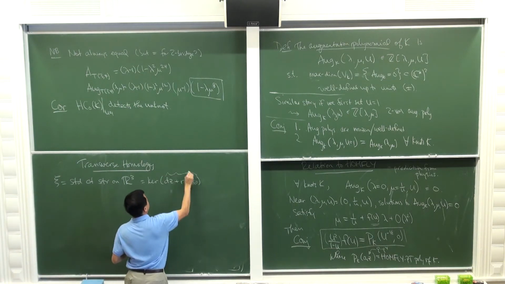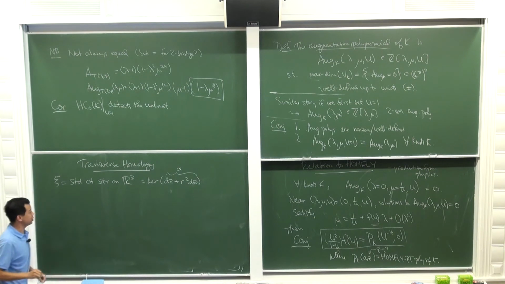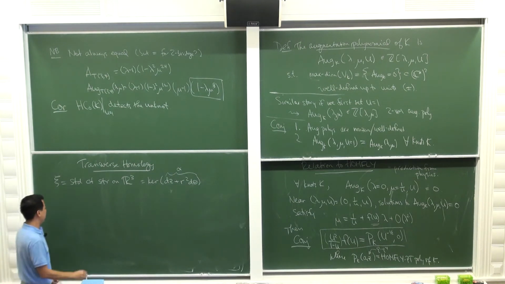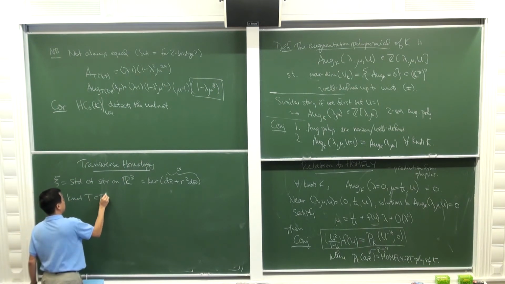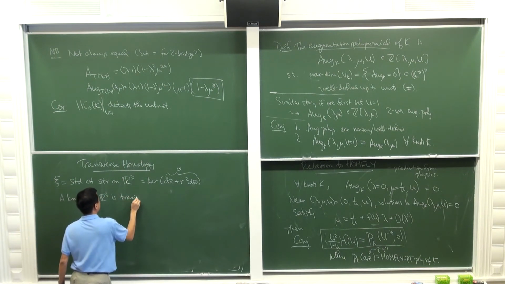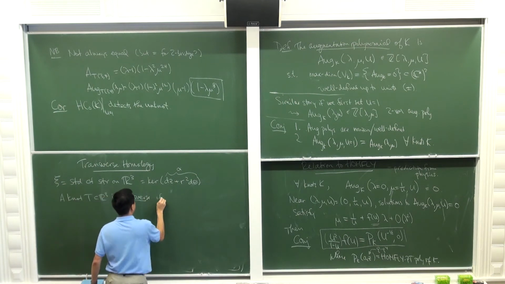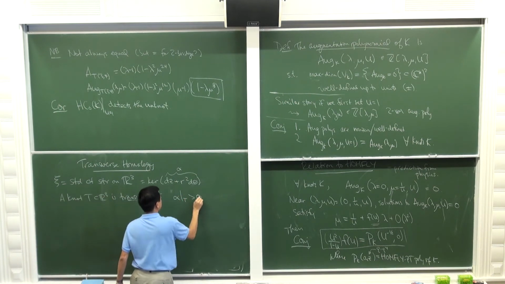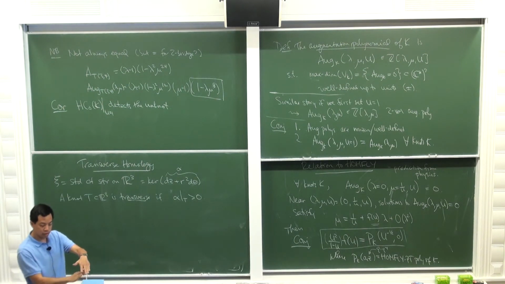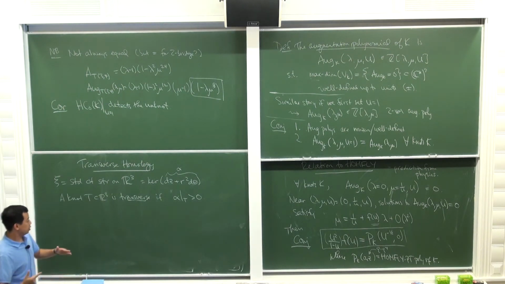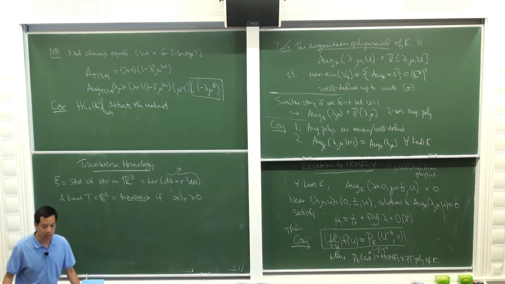So this is the standard rotationally symmetric contact structure, and the knot, so a knot T in R3, is transverse, and it's supposed to be oriented, if alpha restricted to T is always greater than 0. So in other words, the knot is always transverse to the contact plane, and it's pointed in the positive co-oriented direction relative to the contact structure.